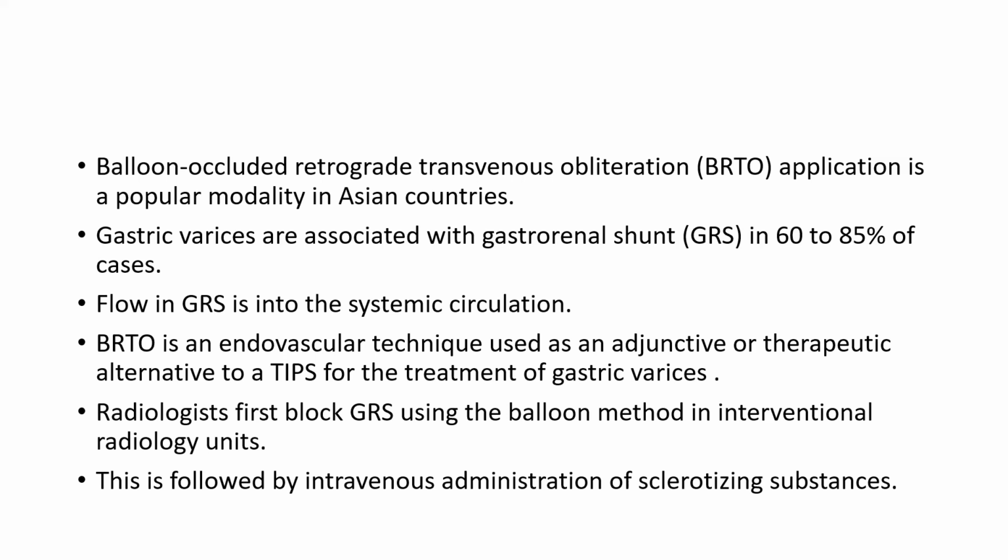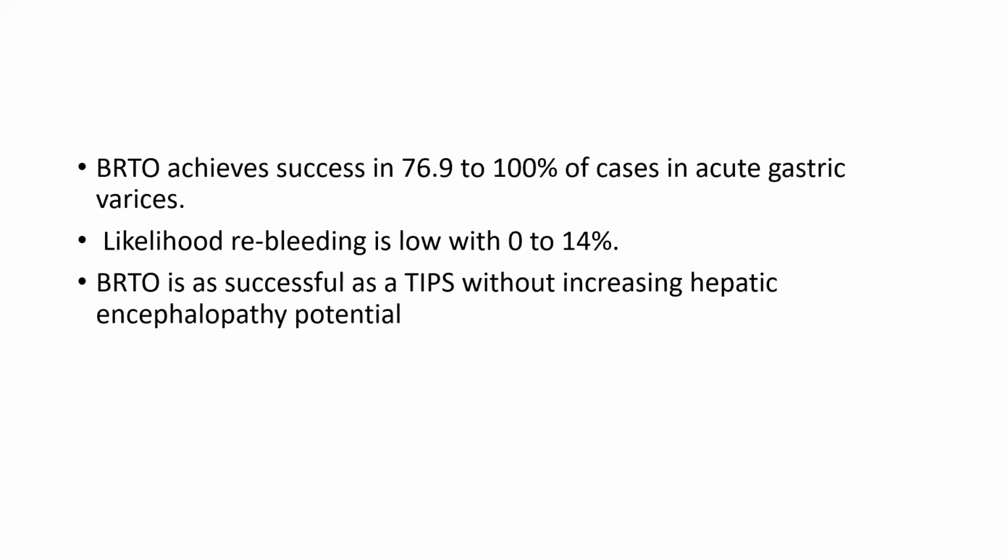The radiologist first blocks this gastrorenal shunt using a balloon in interventional radiology, which is followed by the intravenous application of sclerosing substances. BRTO achieved success in 76.9 to 100% of cases in acute gastric varices, and the likelihood of rebleed is low, at 0 to 40%.